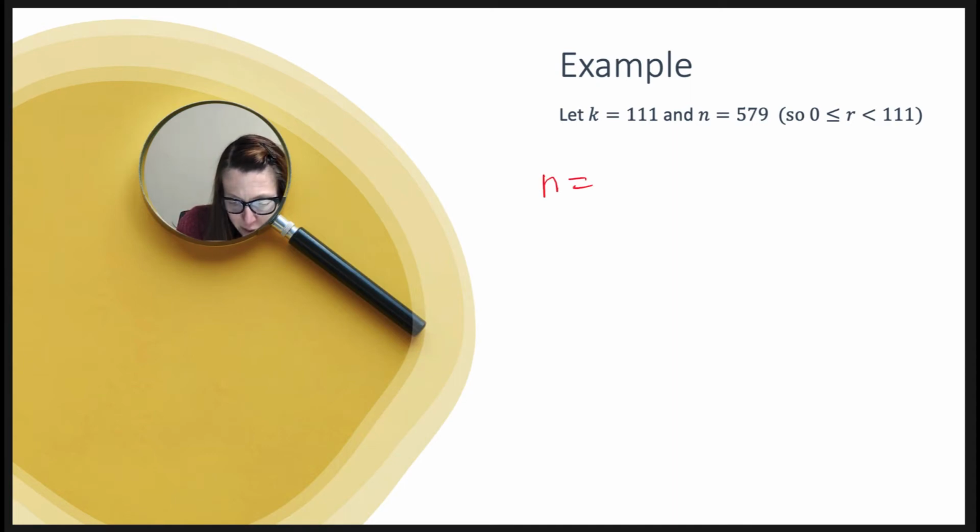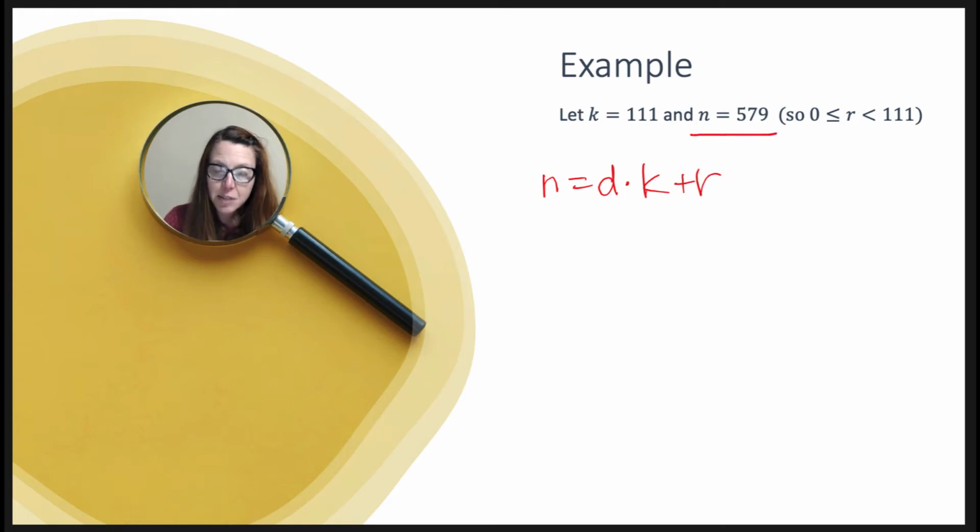for n equals d times k plus r, for an example where n is equal to 579 and k is equal to 111, then we're trying to look for a unique d and a unique r such that r is greater than or equal to 0 and less than 111.